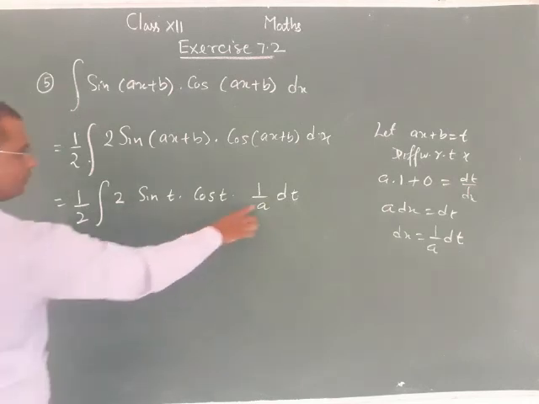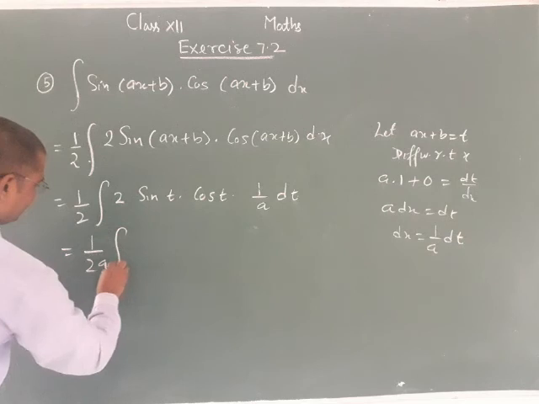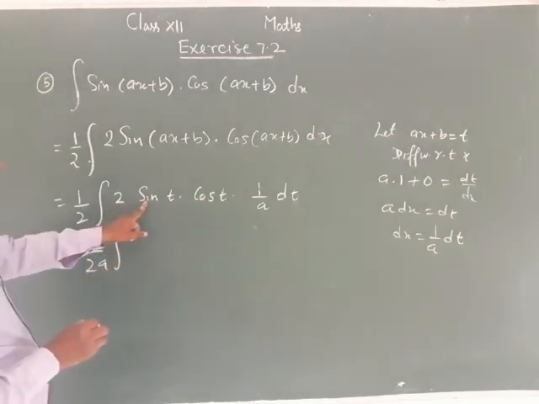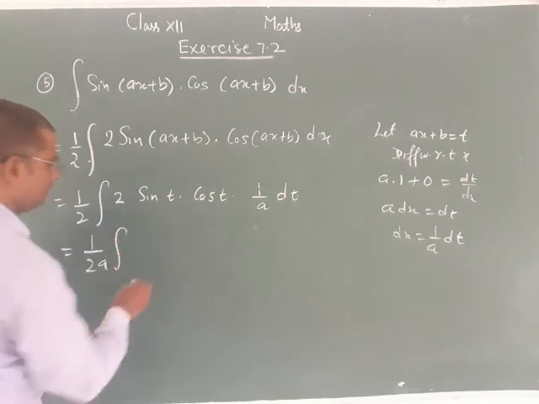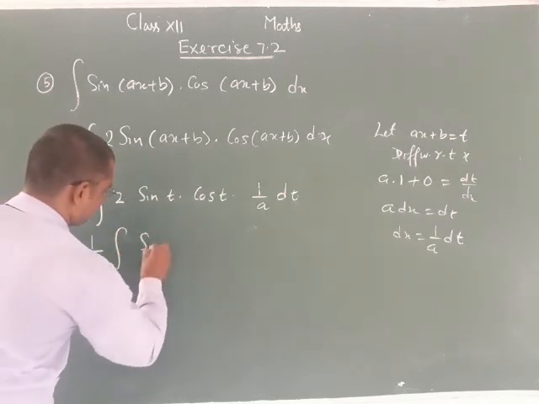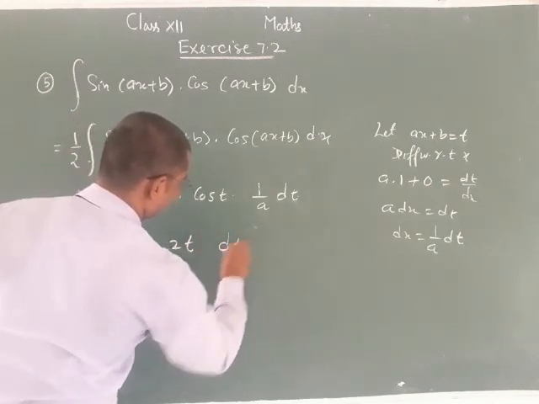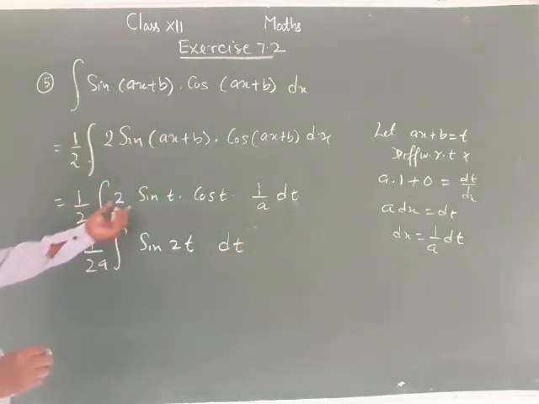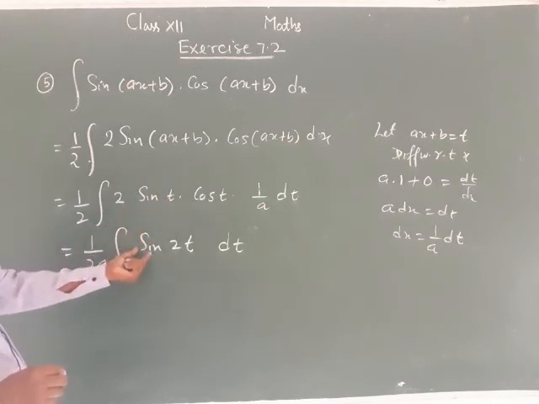Taking 1 upon a common, we get 1 upon 2a times the integration of 2 sin t cos t dt. By the formula 2 sin t cos t equals sin 2t.